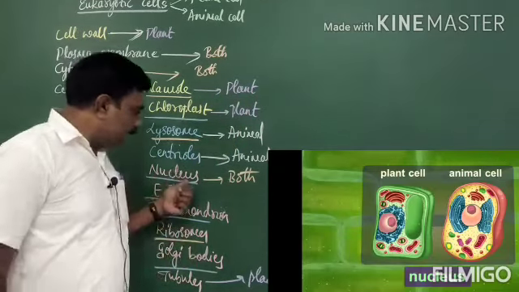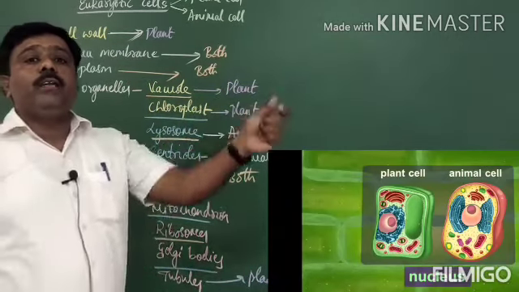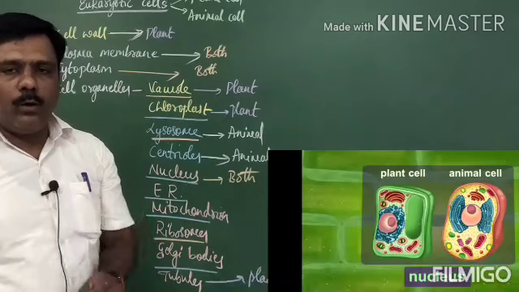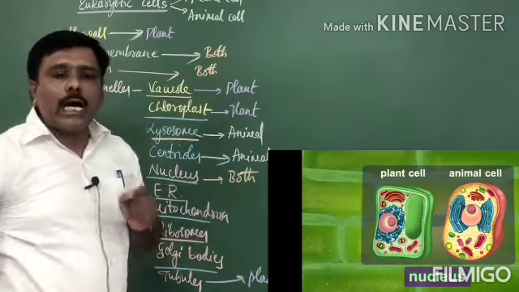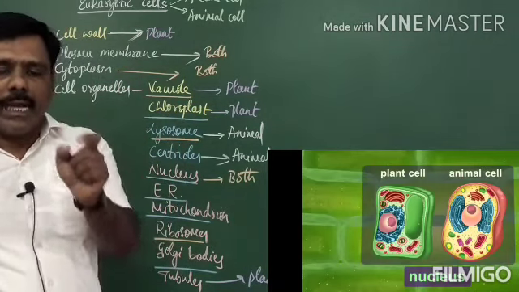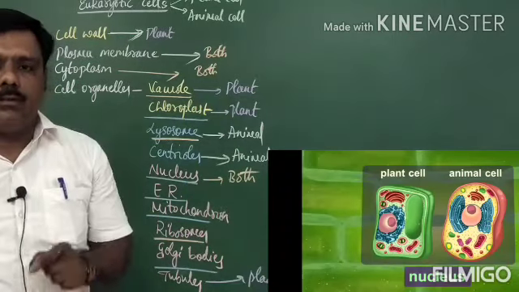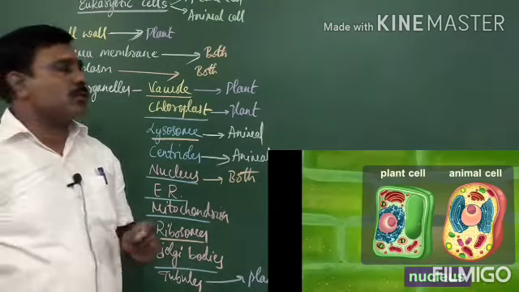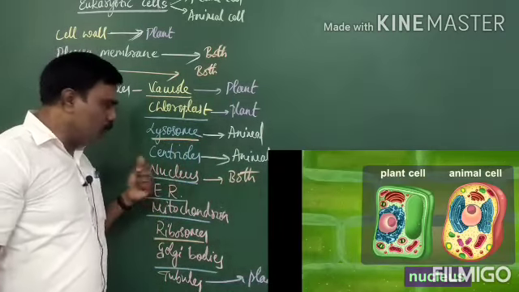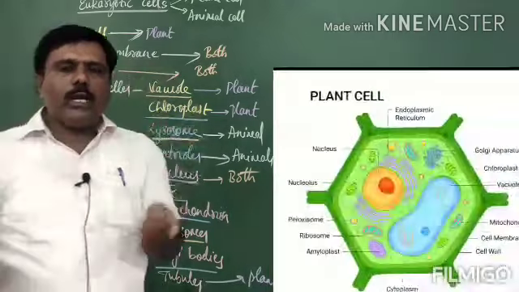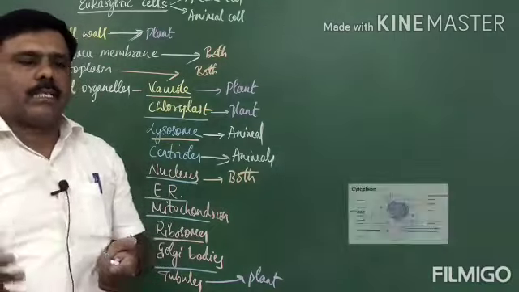In the plant cell, the nucleus is present towards the periphery, because much of the inner region is occupied by the large vacuole. Whereas in the animal cell, it is present at the center, because of the absence of a large vacuole. This nucleus contains the nuclear membrane, nucleolus, chromosomes, etc.